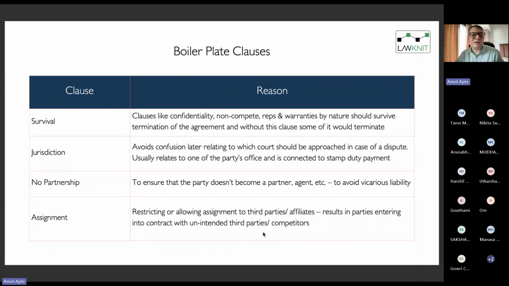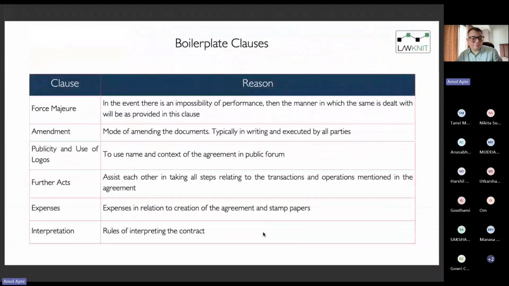You clearly spell out that the parties are acting on a principal-to-principal basis, and therefore each one is on its own, where whatever you do, you are responsible for it. You are not my agent and therefore not representing me outside in the market, etc., will be covered by no partnership. Then there's assignment, where you restrict the parties, or allow the parties in a limited way, to assign their rights and obligations to a third party. That comes under the assignment clause.